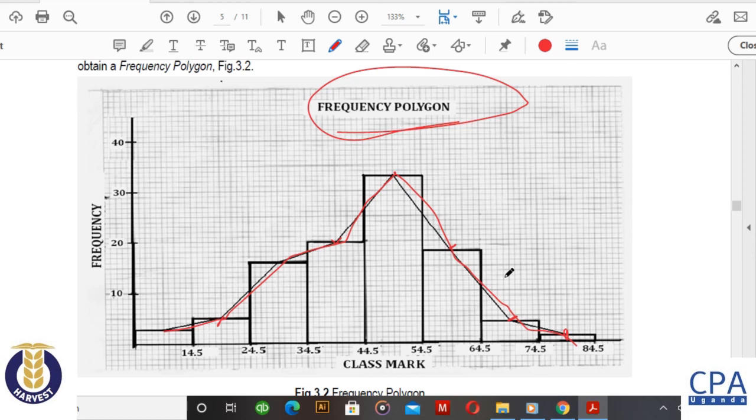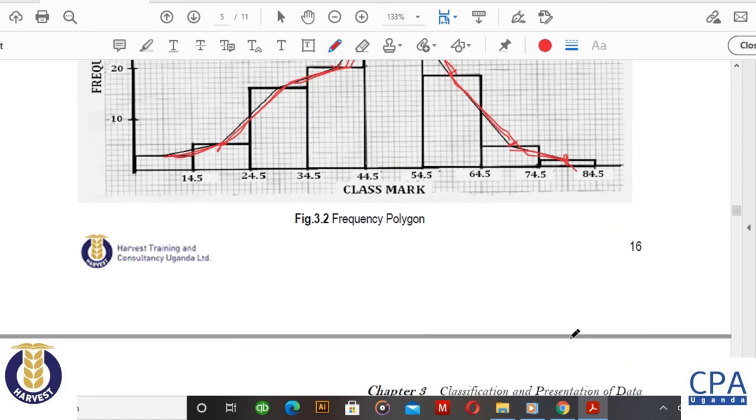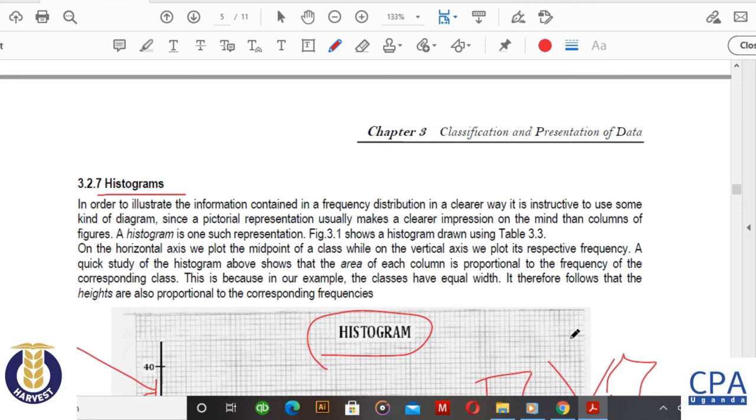Now, the other question candidates usually ask me is, do I need to use a meter rule to construct a frequency polygon? Yes, you're supposed to use a meter rule to connect between those points, or the midpoints on the bars. So for now, that is what I can mention about the histogram and the frequency polygon.